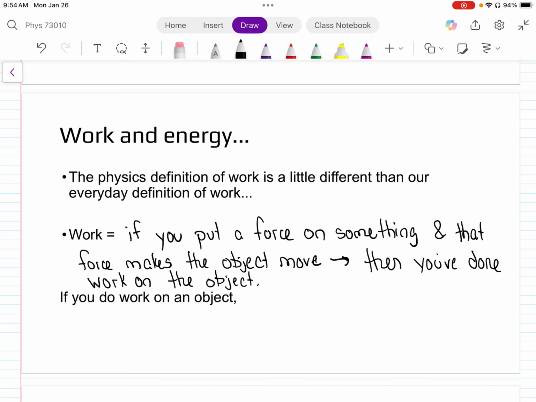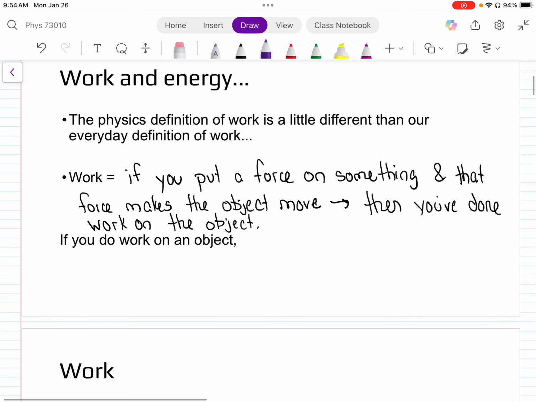If for some reason somebody gives you something heavy to hold on to, and you're just standing there holding on to this heavy thing, using your arm muscles, just holding it and holding it, you're putting a force on it. Your arm muscles are putting a force on it so that it doesn't fall. But if you don't actually move it, if you just stand there and hold on to it, then you haven't done both things. You have to put a force on something and make it move. If you do that, then you've done physics work on it.